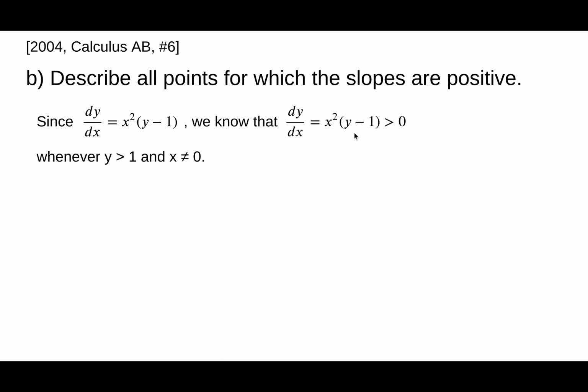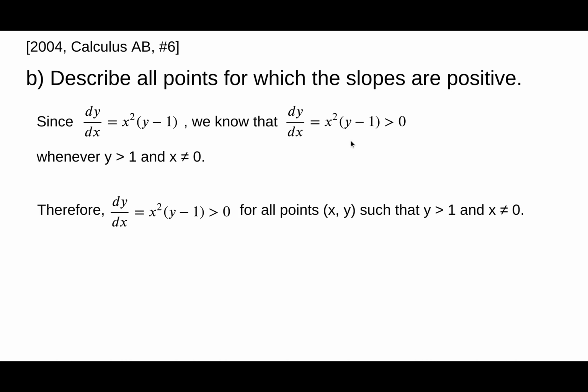Then in order for the entire product to be positive, I need to know when y minus 1 will be greater than 0. Solving that inequality is pretty easy. y minus 1 is greater than 0 whenever y is greater than 1. So dy/dx equals x squared times (y minus 1) will be greater than 0 anywhere on the plane where y is greater than 1 and x is not 0.